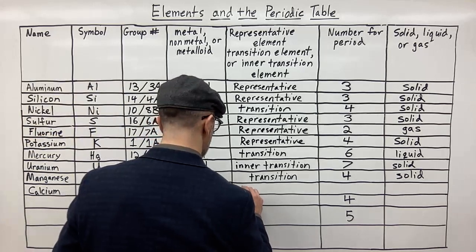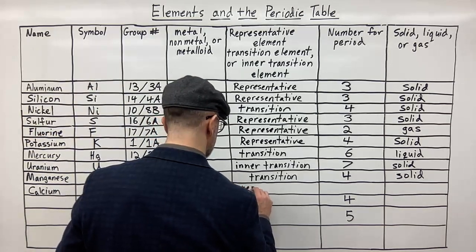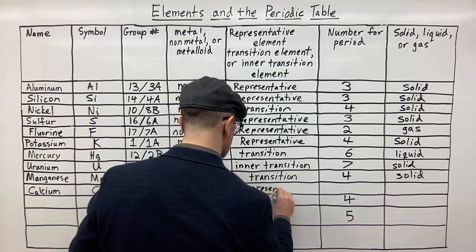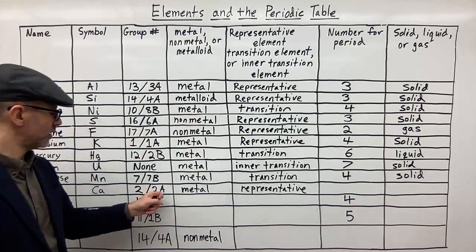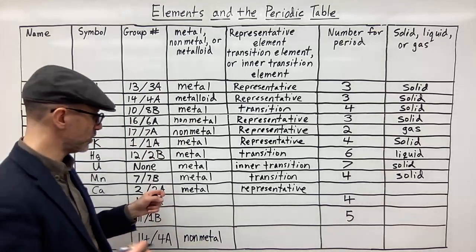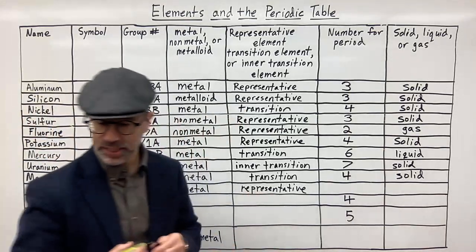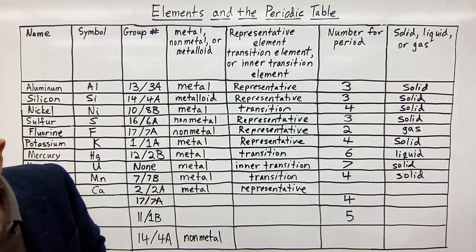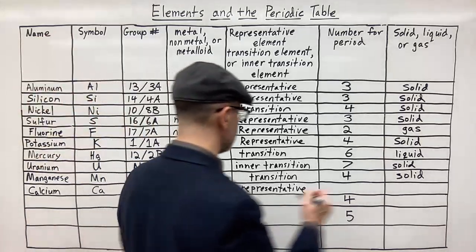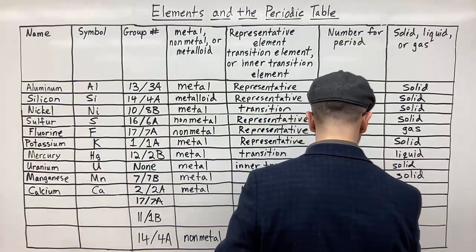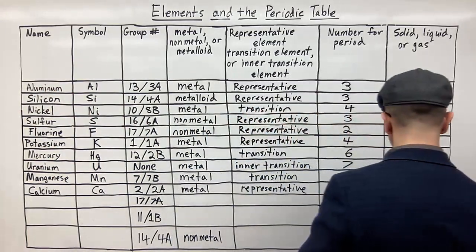It's a representative metal, because it's got an A group. And if we count the row it's in, that's going to be 1, 2, 3, 4. Counting down, that's in the 4th period. And it's going to be a solid.